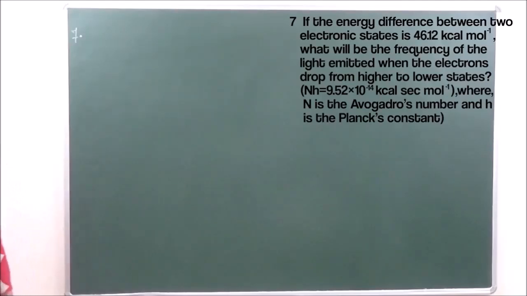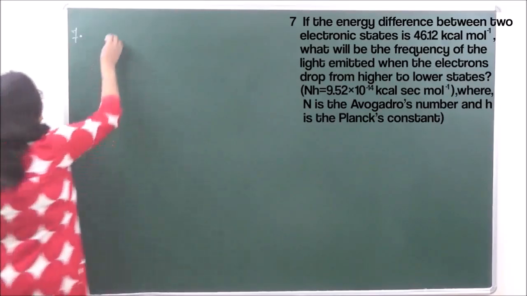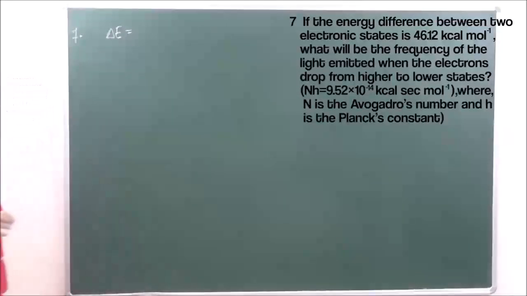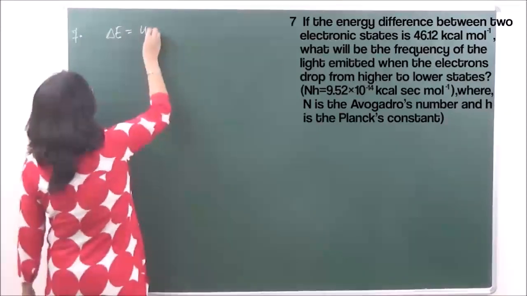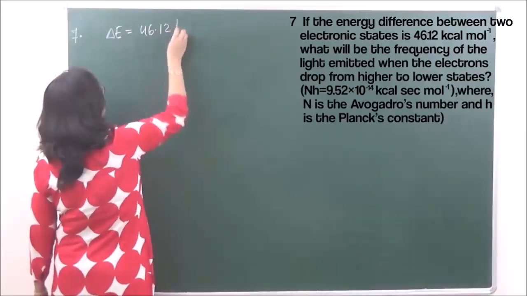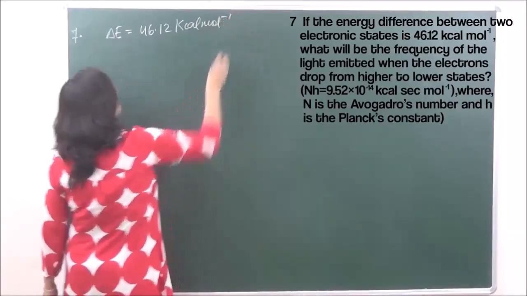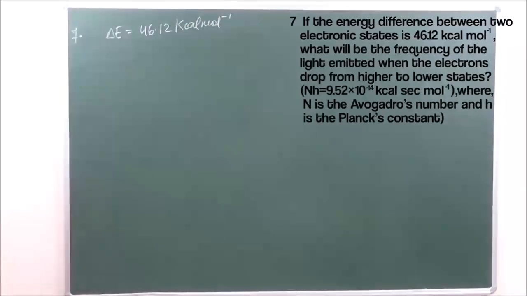Now what have they given to us in the question? Delta E is given to us, the energy of transition, that is 46.12 kilocalories per mole.